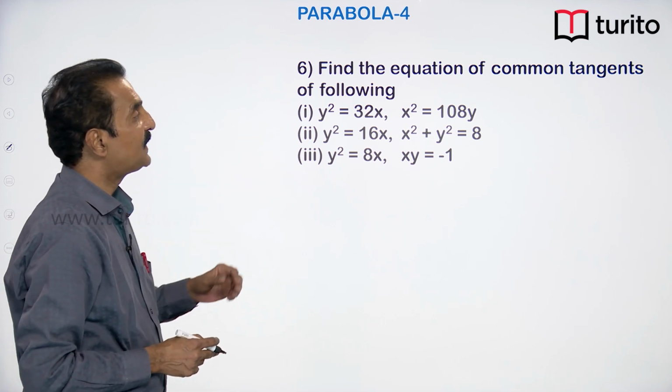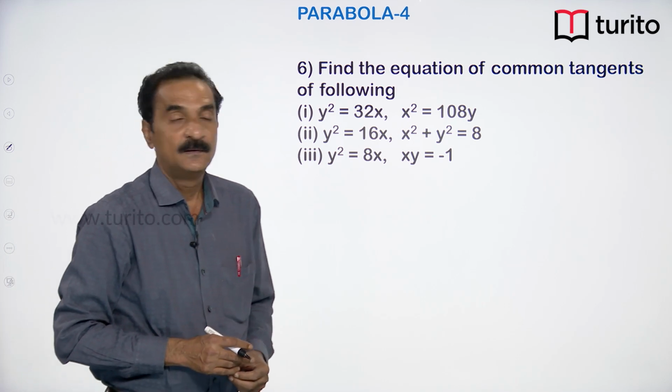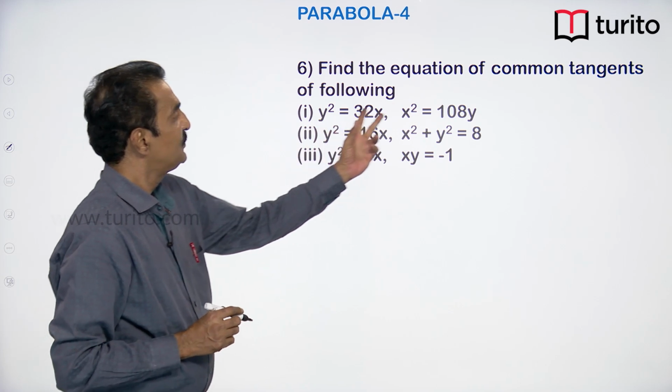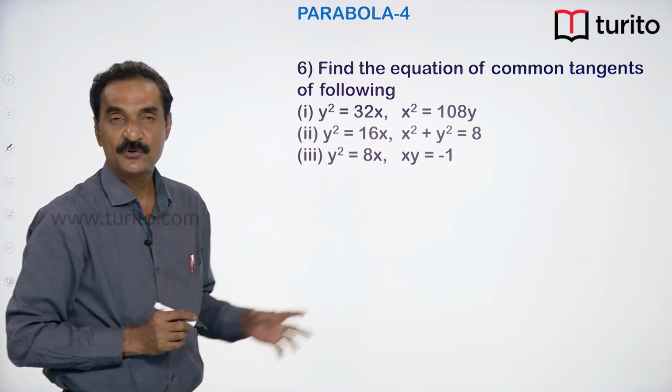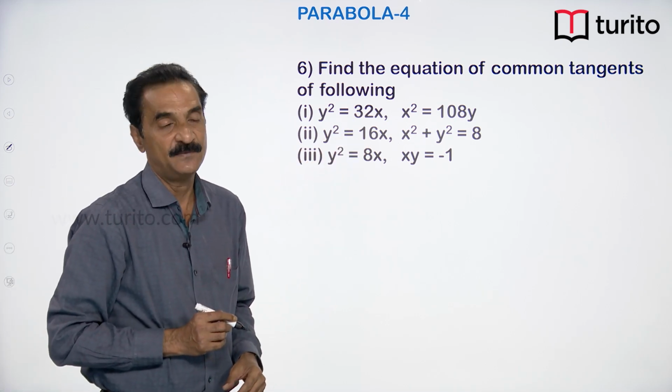Find the equation of the common tangents of the following curves. The first question is, two parabolas are given. One is y square is equal to 32x, another is x square is equal to 108y.